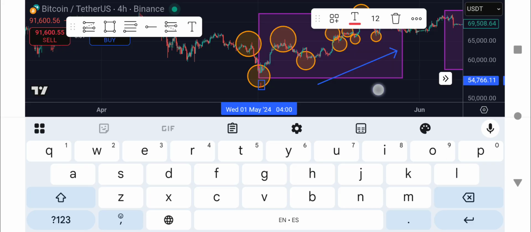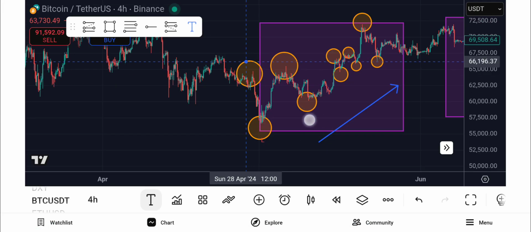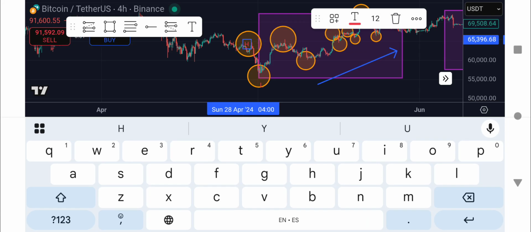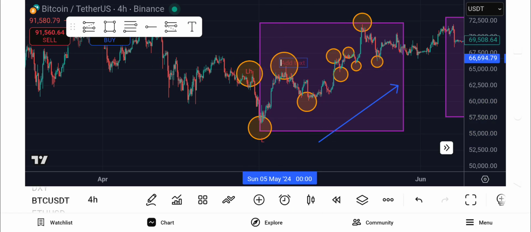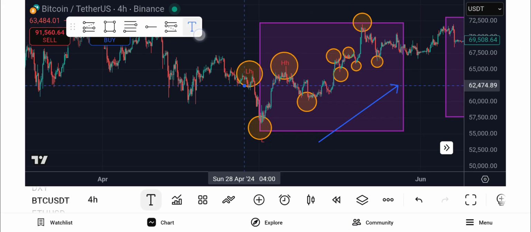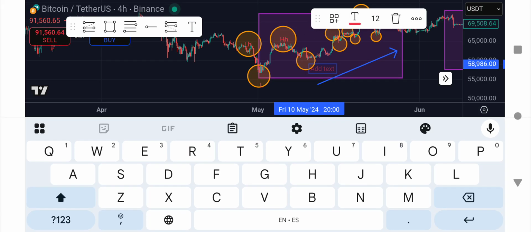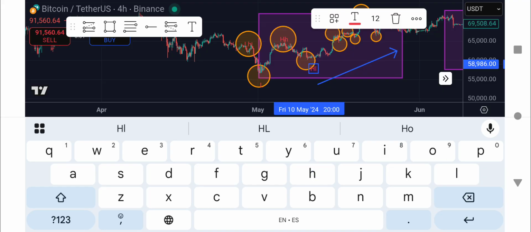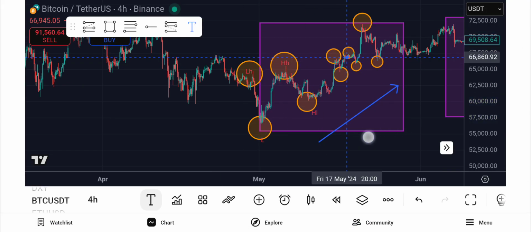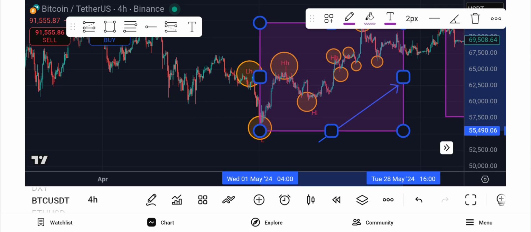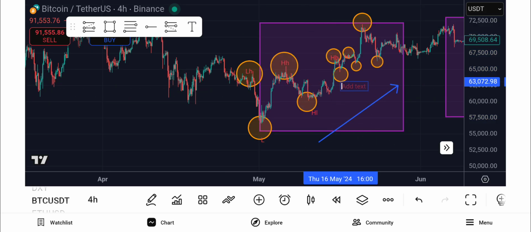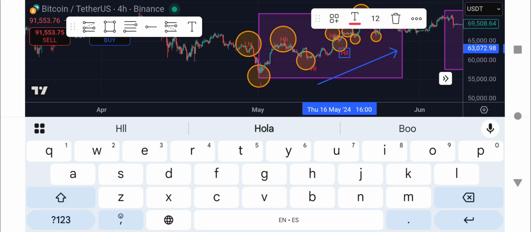It's like low, lower high was broken, so it formed a high, high, low.